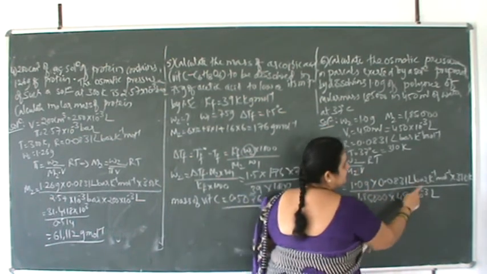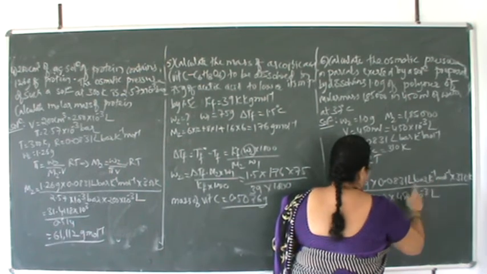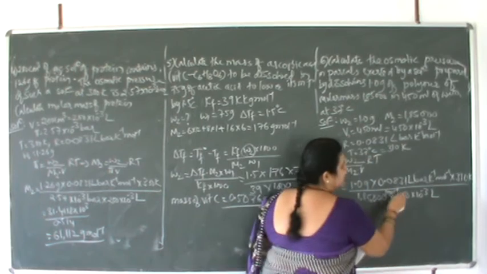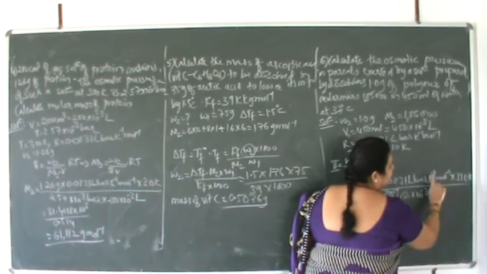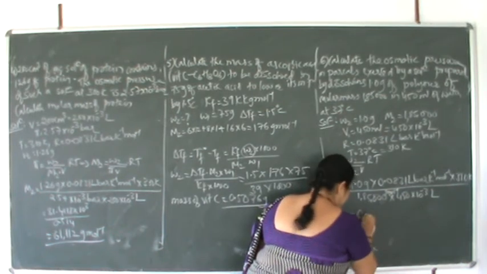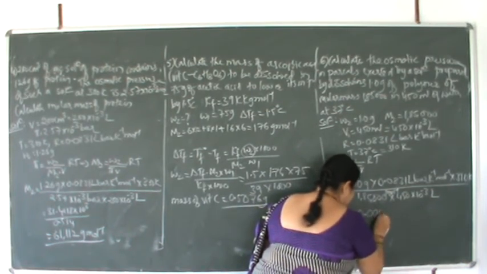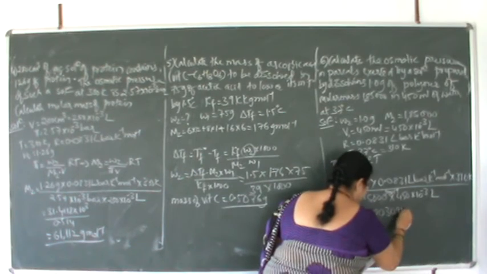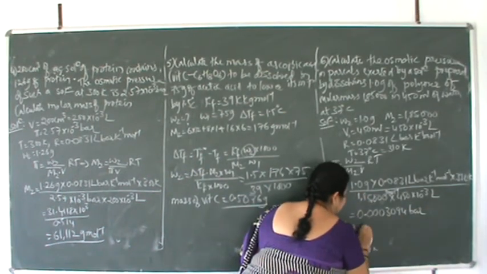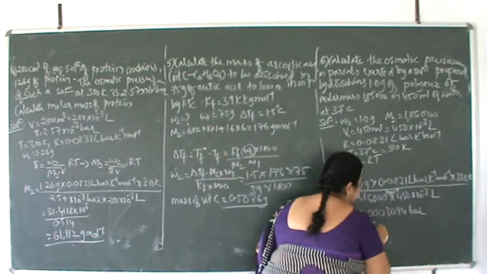So grams per mole and grams per mole will be cancelled. Liter, Kelvin cancel, bar unit will remain. Okay, it is 0.000394 bar. We know 1 bar is equal to 100 kilo Pascal.